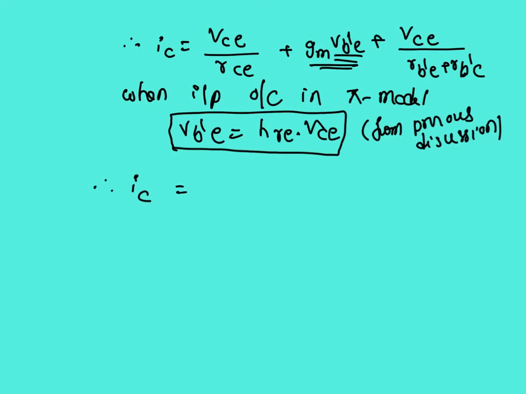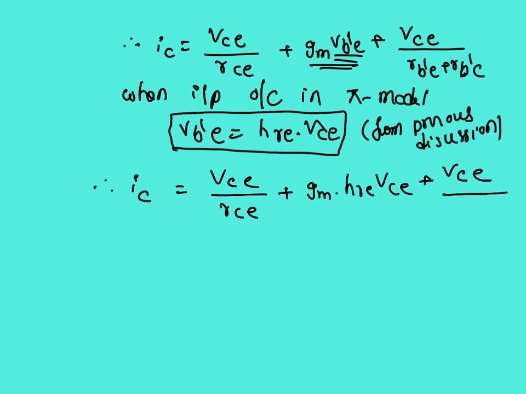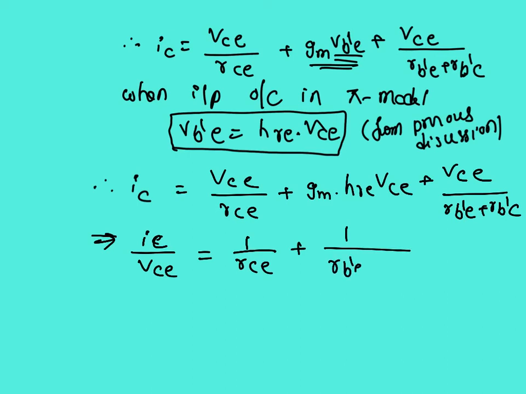So IC is equal to VCE by rce plus gm into hre into VCE plus VCE by rb'e plus rb'c. Here VCE is common in all the expressions, so IC by VCE is equal to 1 by rce plus gm into hre plus 1 by rb'e plus rb'c.